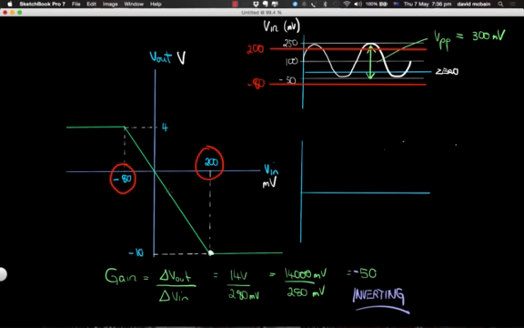The other clipping point occurs if the input drops below negative 80 millivolts. If it drops any further than that, there is no further change in the output, it just remains constant. I've indicated those two clipping values on our input graph. So we know it's going to clip if our input goes above 200 or below negative 80.